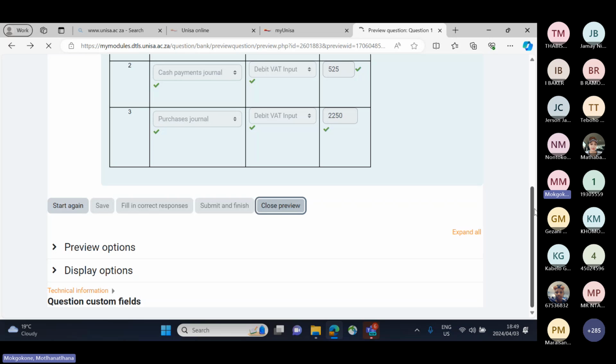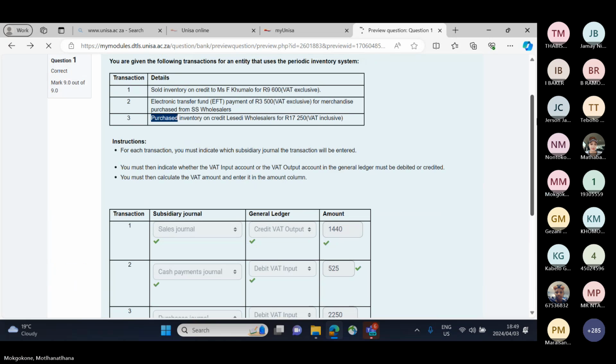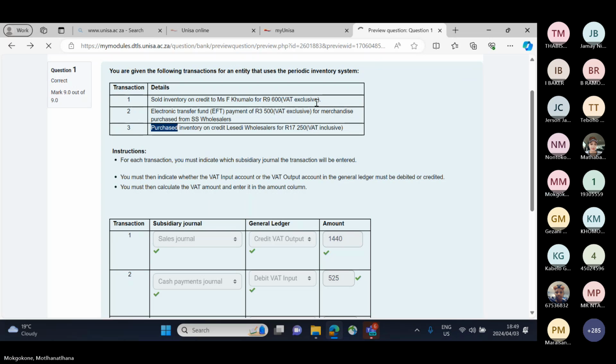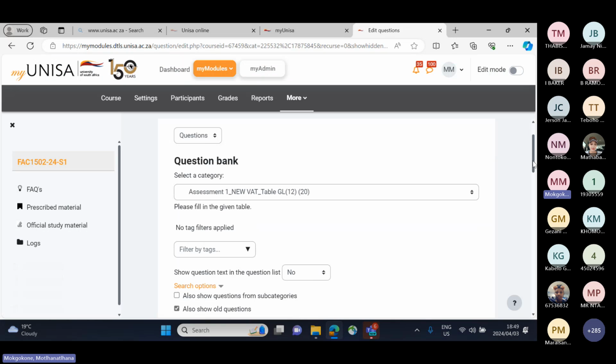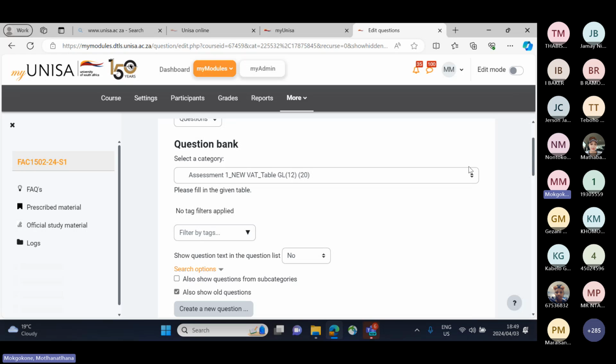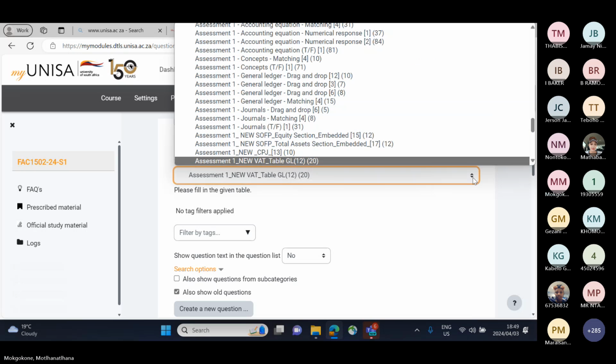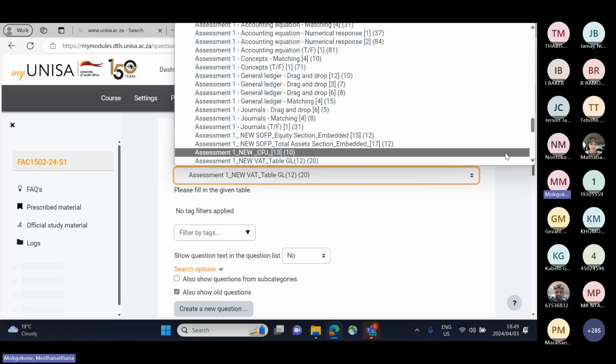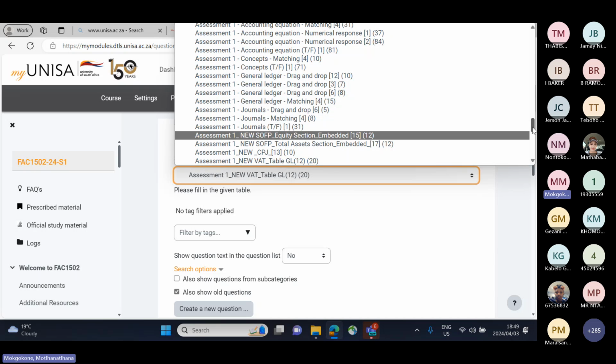While UNISA is still opening, guys, remember, to get it right, for each transaction, you must identify the two accounts involved before you include VAT. Then you must ask yourself which account you debit and which account you credit.